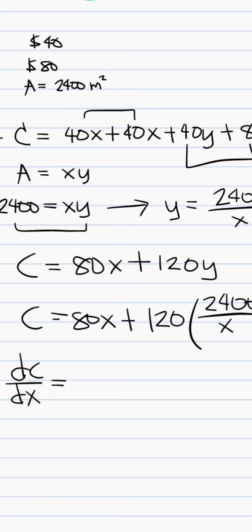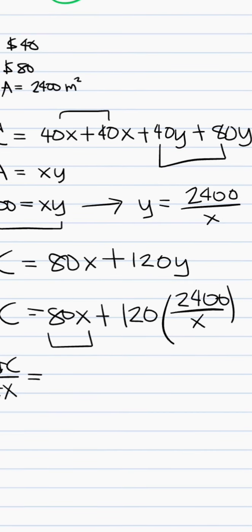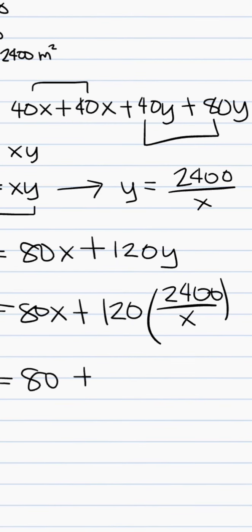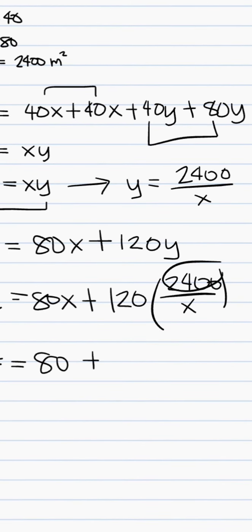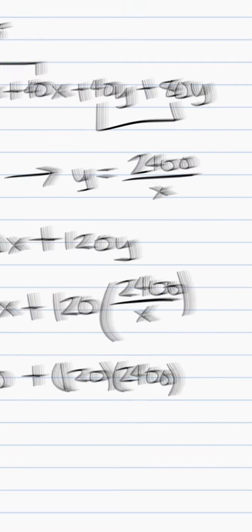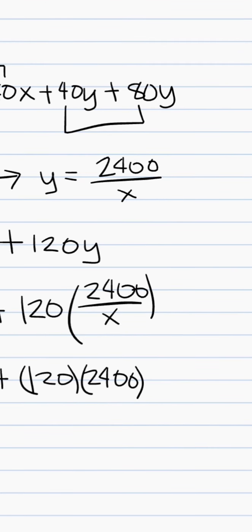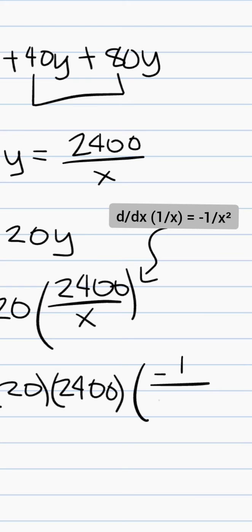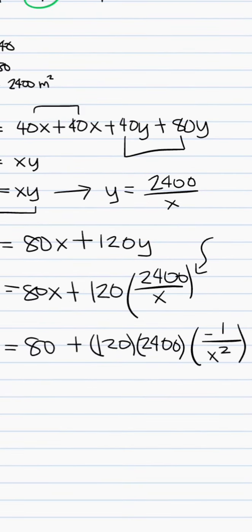So the derivative term by term: the derivative of this term is 80, plus 120 times 2400, and then the derivative of 1 over x is negative 1 over x squared. It's just a matter of formula, guys. You can search for it.